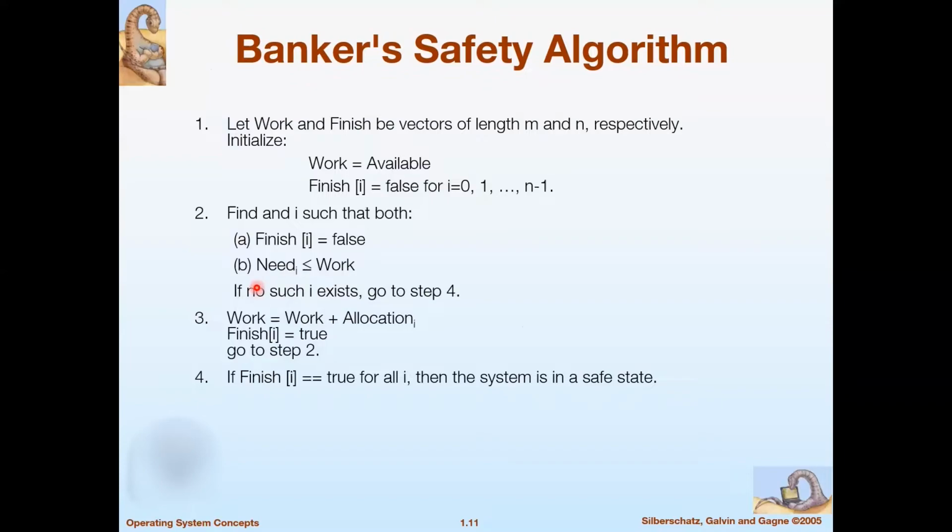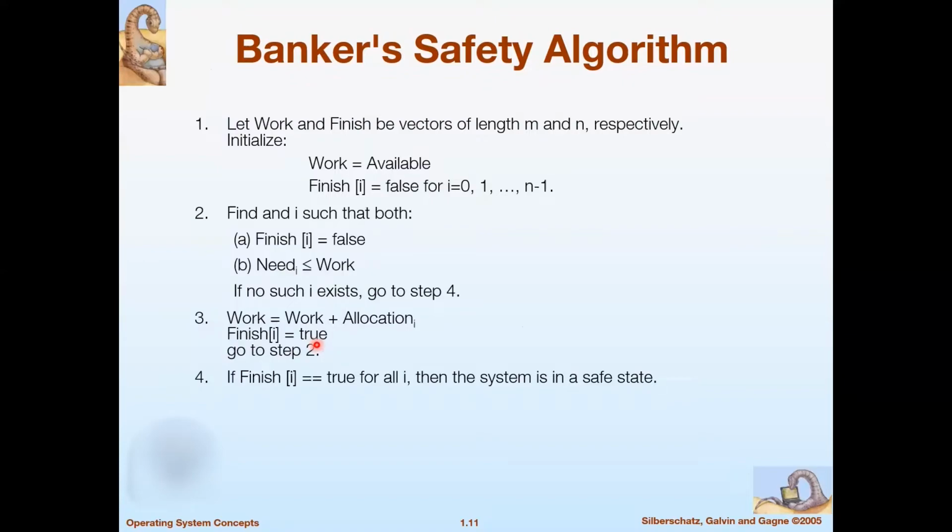Once this process is completed, all the resources currently allocated to it will be released. So Work is nothing but the available resources now, which is incremented by Allocation i, and simultaneously Finish[i] is made true to indicate that the process is complete.